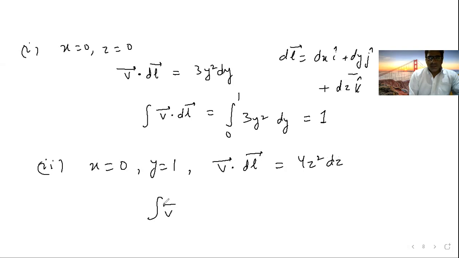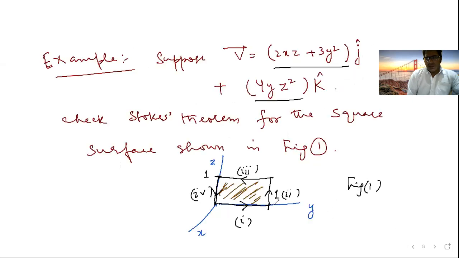And when I integrate, it will be 0 to 1 of 4z square dz, which will be 4 by 3. Check all these integrals. X is equal to 0 for all pieces, y is equal to 1, because here the y coordinate is 1 for this piece, right?